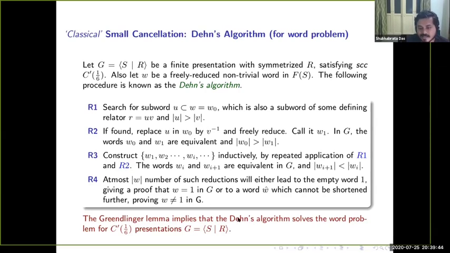That means you can run Dehn's algorithm. So in C prime 1/6 groups, you have a solvable word problem via Dehn's algorithm. This was a very nice result in the classical small cancellation theory, and it was later improved, generalized and extended to many different contexts.